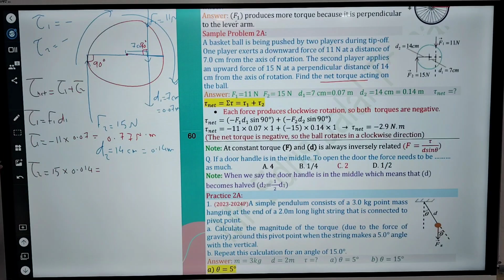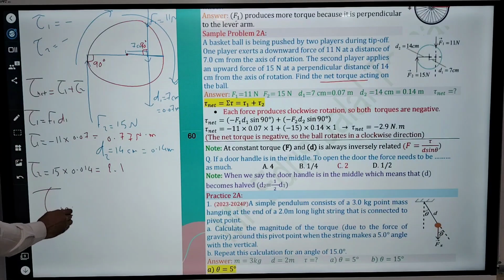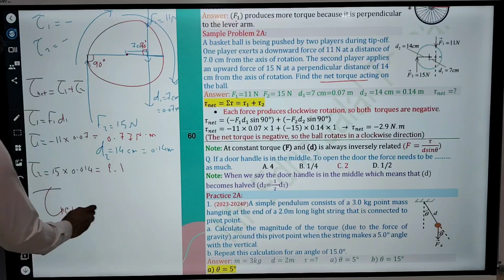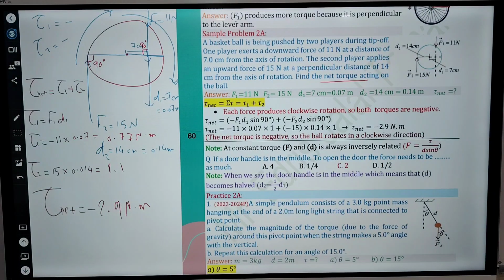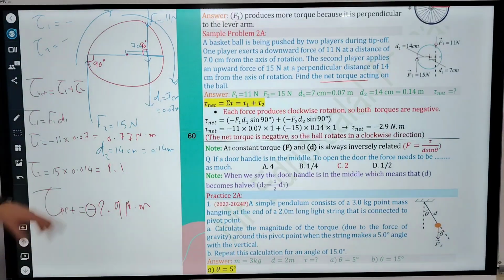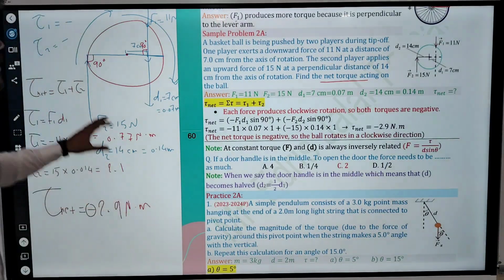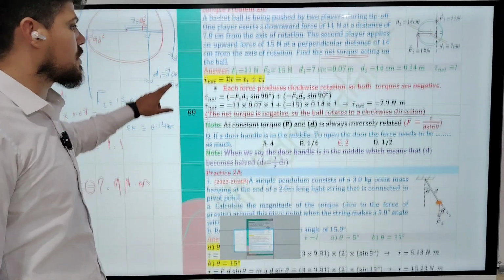Torque number 2, 15 times 0.14 is equal to 2.1. So net torque approximately is equal to negative 2.9 Newton meter. Okay? So why is this negative? Because both torques are rotating in the clockwise direction. Okay.